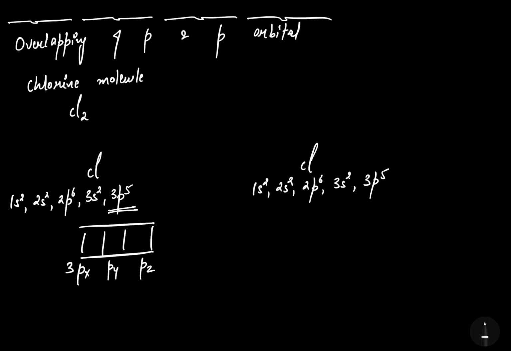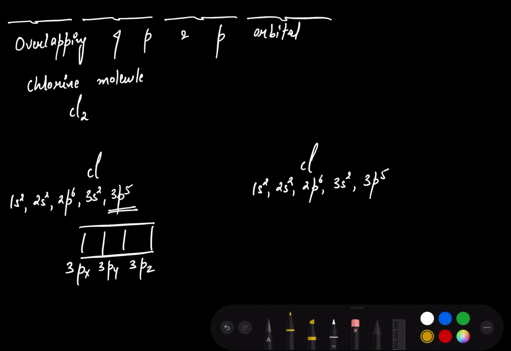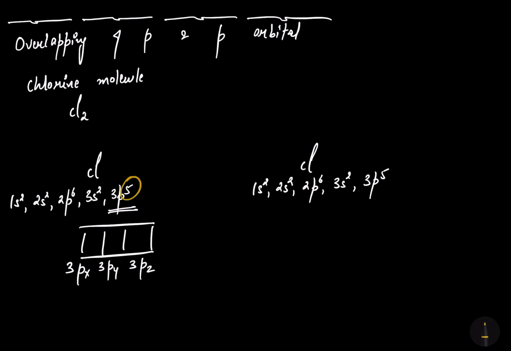It's actually 3px, 3py and 3pz. Now here we have to fill 5 electrons. For that we have to follow Hund's rule. That means all orbitals will get 1 electron each. After that the pairing will start. So it's 1, 2, 3, 4 and 5.